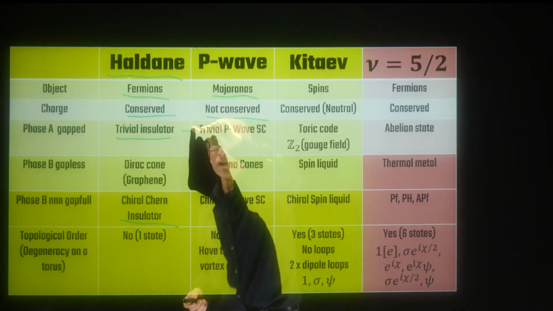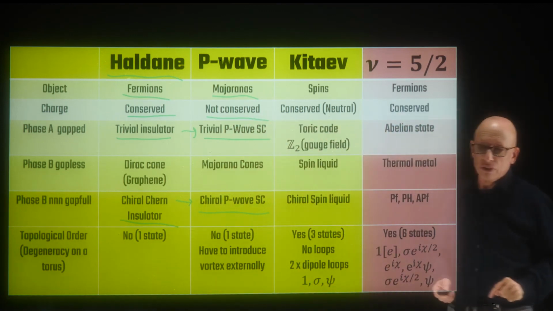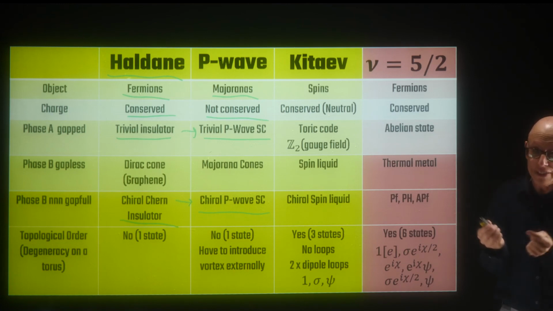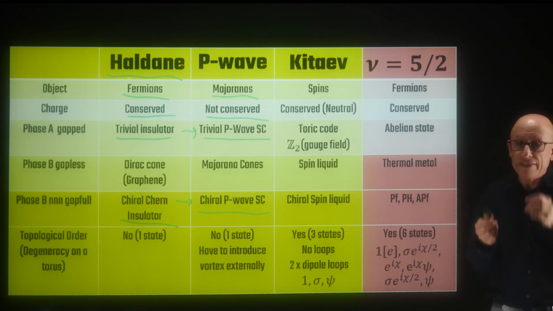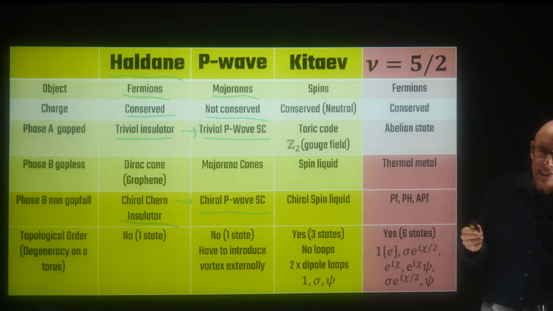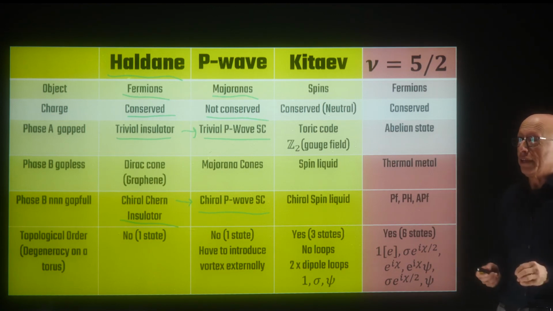The trivial insulator became a trivial s-wave superconductor, and the topological Chern insulator became a chiral p-wave superconductor. But it's still a quadratic Hamiltonian, no topological order, no ground state degeneracy on a torus. There is a ground state degeneracy associated with vortices, but vortices are extrinsic excitations that we need to put in.